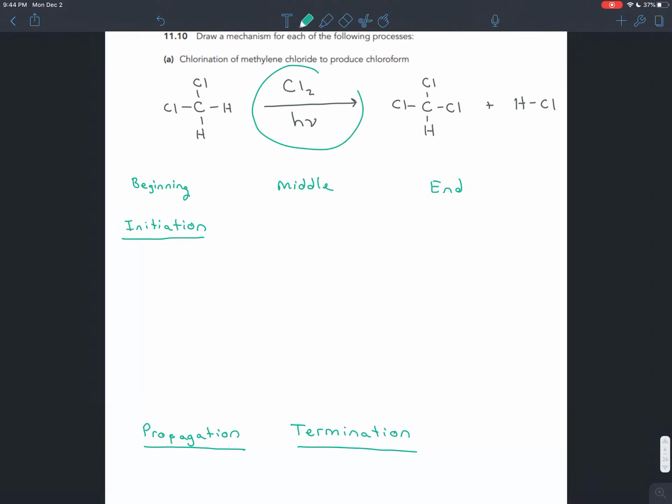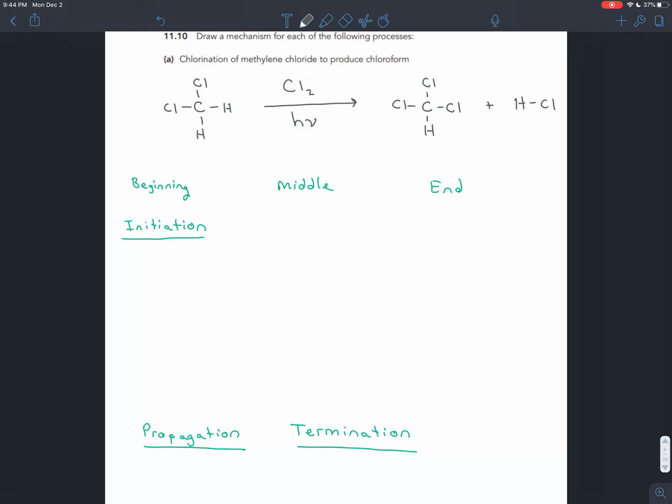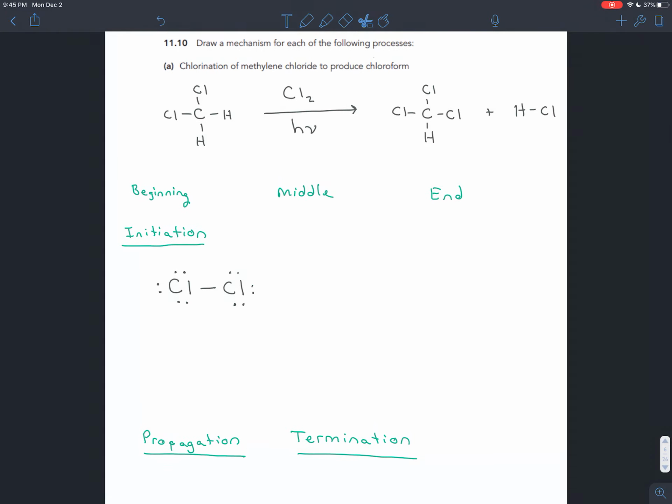The initiation step for radical halogenation happens when the light hits the halogen molecule. Chlorine is diatomic. When it's in the elemental form, it always exists as two chlorine atoms bonded to each other, like so. In real molecules, the bond between the chlorines is vibrating at room temperature at around 10 trillion times per second.